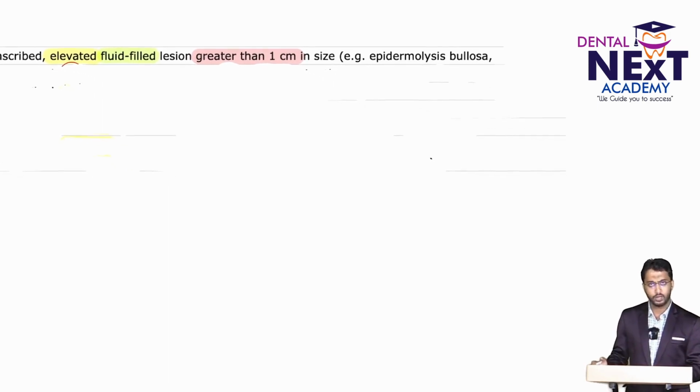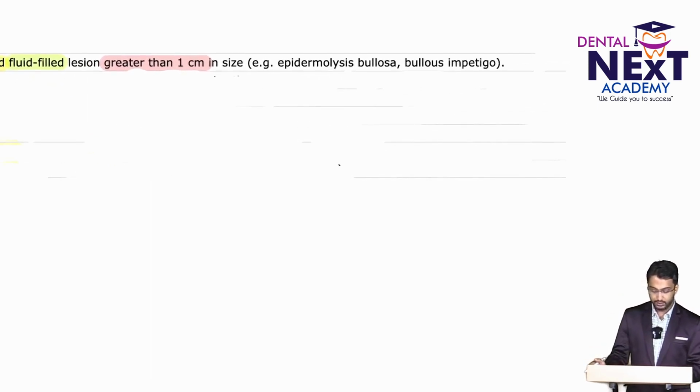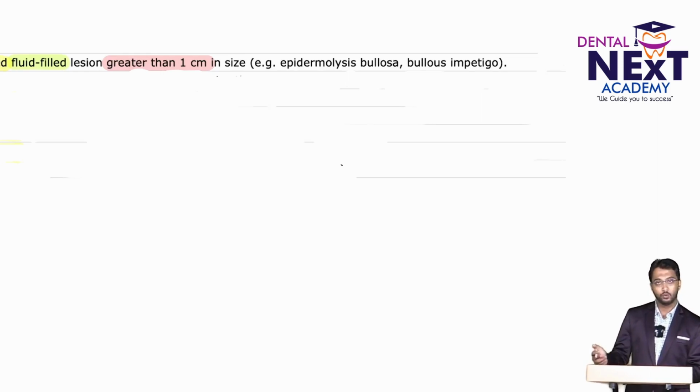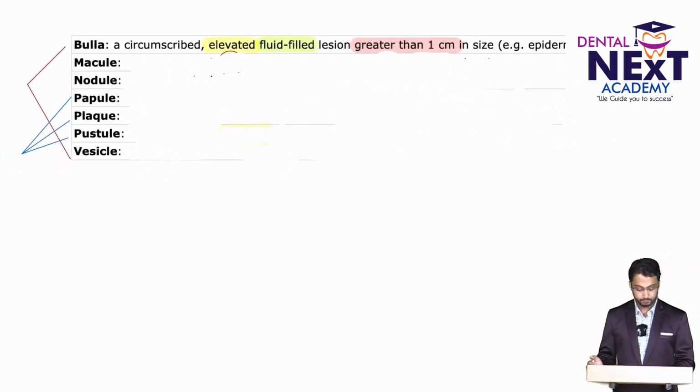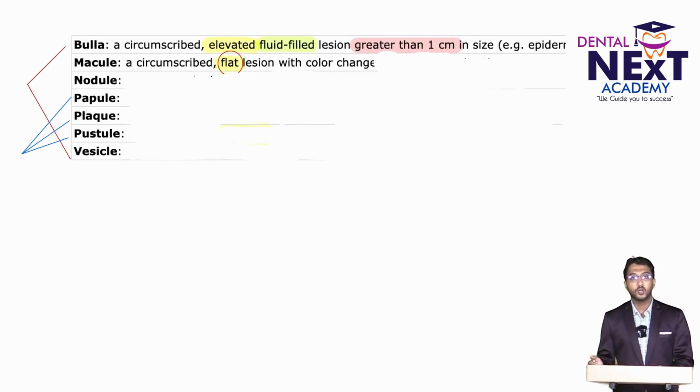Examples, you know it: epidermolysis bullosa, whatever lesions you see. They're just some examples here. I've taken it from one of the presentations, so the examples are not very typical of what you have to know here. But yes, you know vesiculobullous lesions, bullous impetigo and all those. Now, macule is a circumscribed, flat lesion, not elevated. So there is no fluid filled.